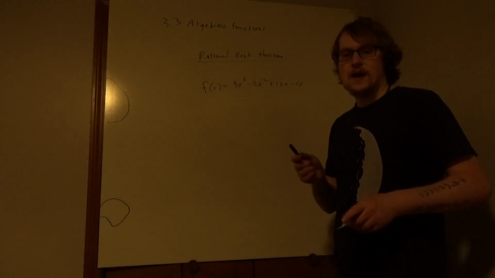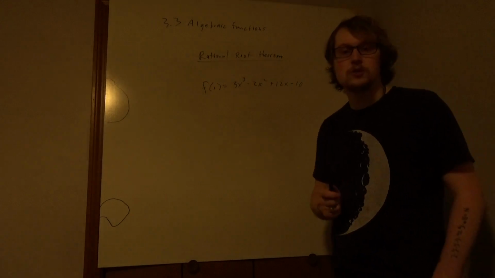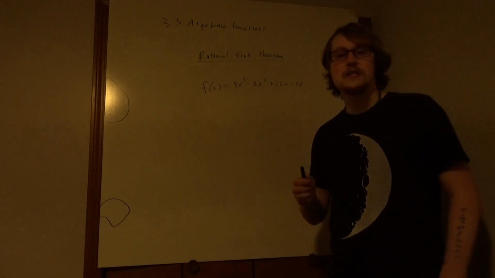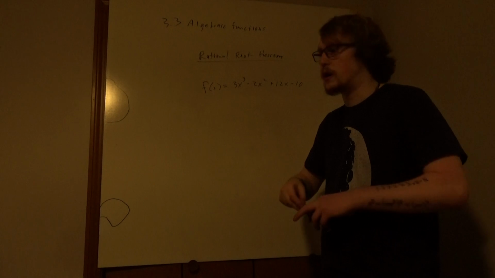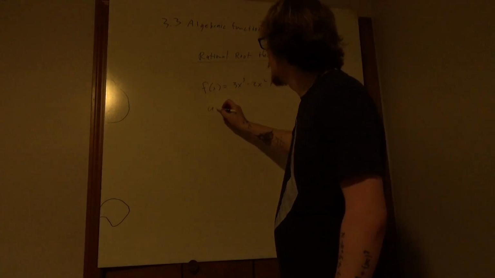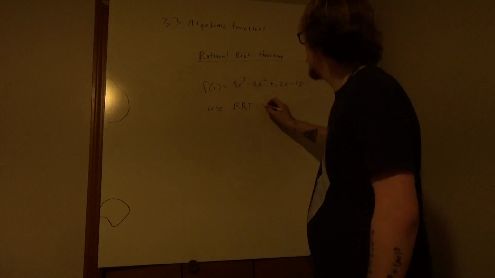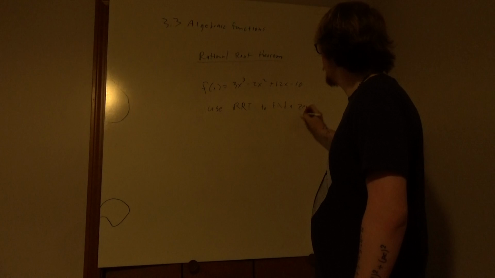And so for every single polynomial that you find, you should be able to use the rational root test to find a 0. Use that 0 to create a linear term that you can divide the polynomial by. So actually I'll write this down. Use the rational root test to find a 0.